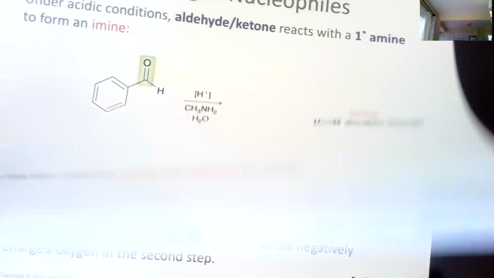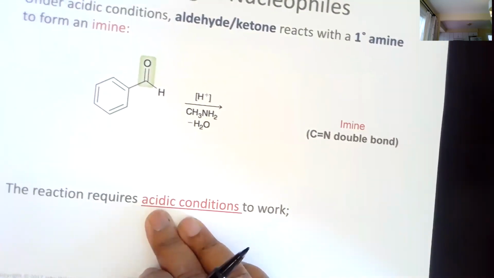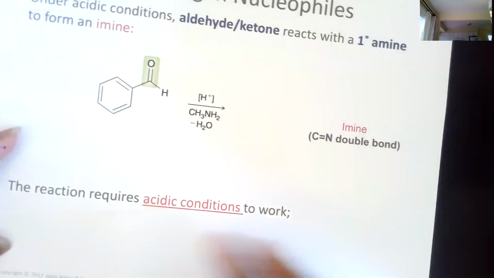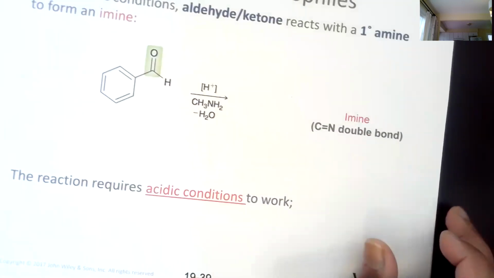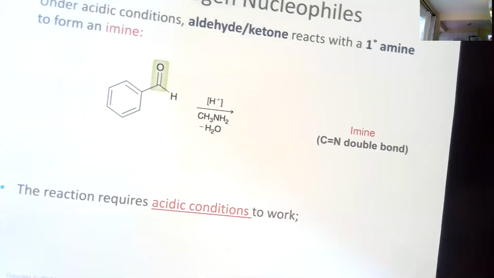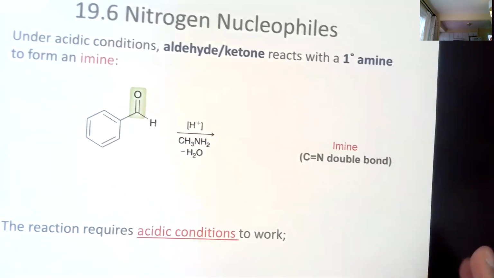The next 15 minutes or so, I'm going to talk about nitrogen nucleophiles. They are very similar to the oxygen nucleophiles, okay? And I'm going to be very objective, only cover what we need. And the carbohydrate part I thought was relevant since you're not going to be studying that next semester.